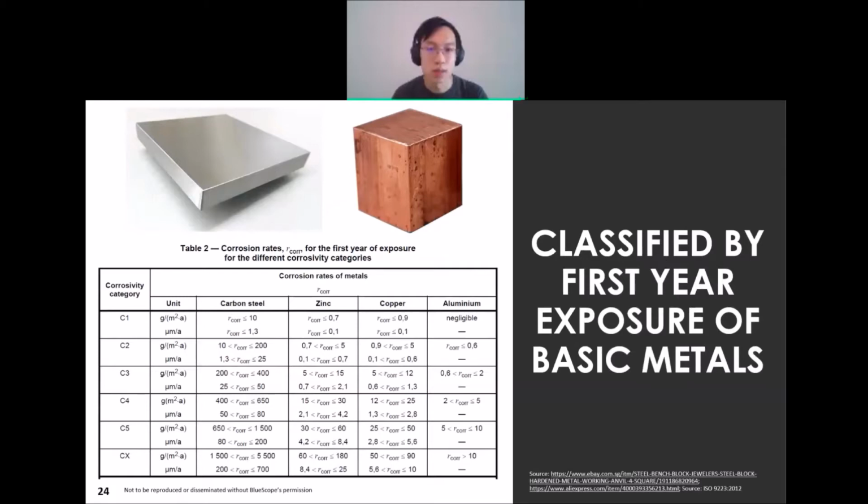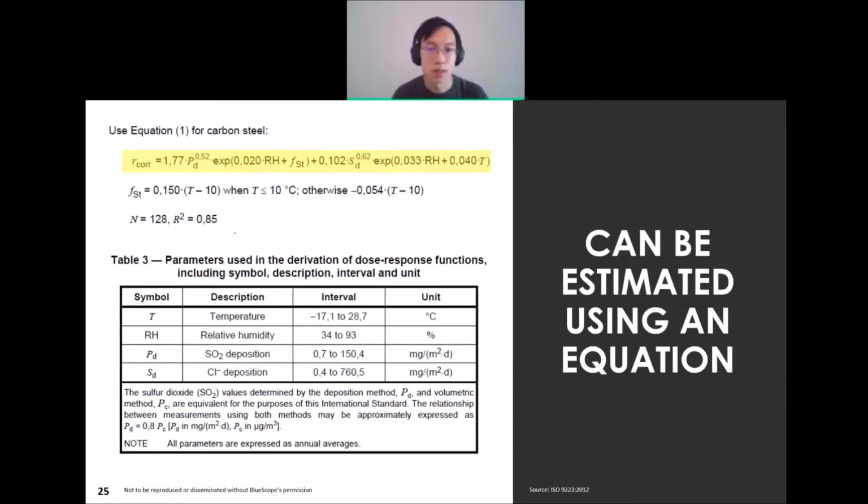So this table itself will not be directly correlated to the galvanic reaction rate. Okay, so just have that in mind. All right, so it's just meant to classify the corrosivity of an environment.